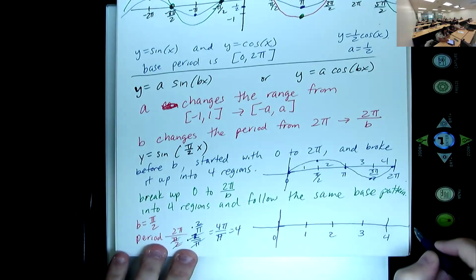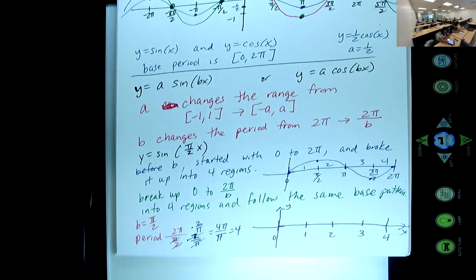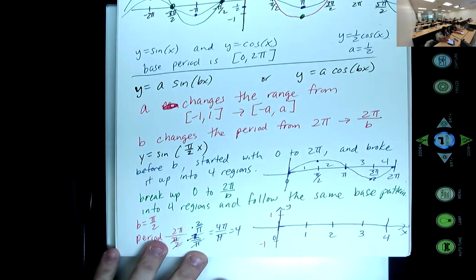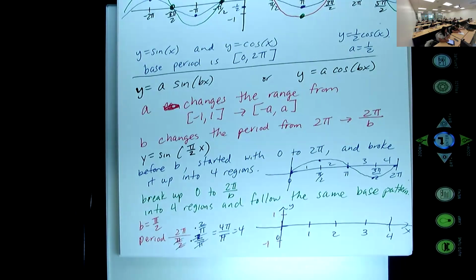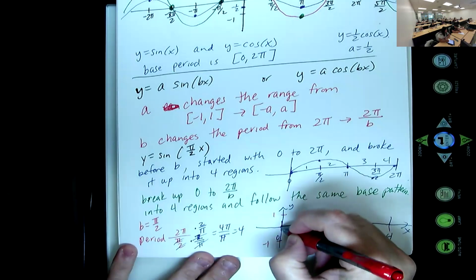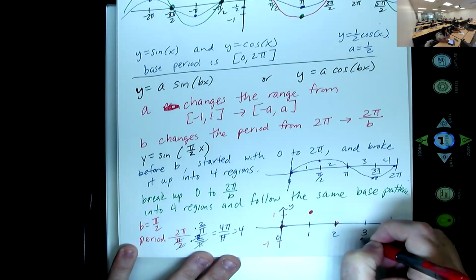This is my x-axis, my y-axis. Going up a height of 1. Sine was 0, 1, 0, -1, 0.